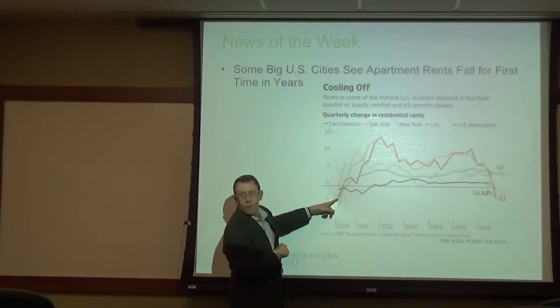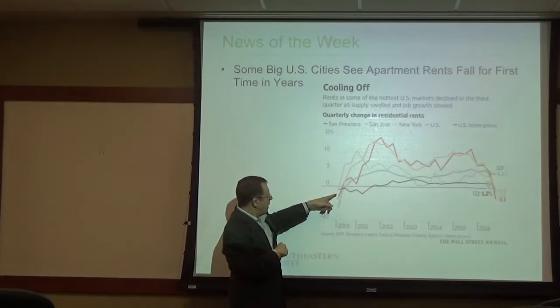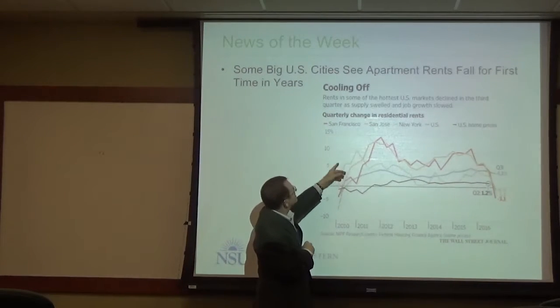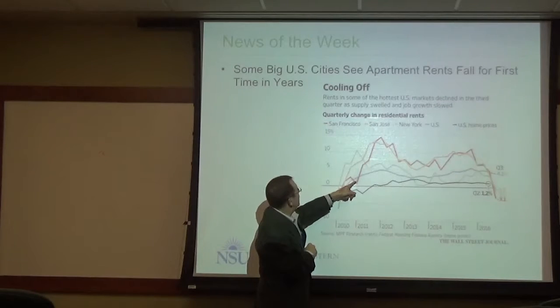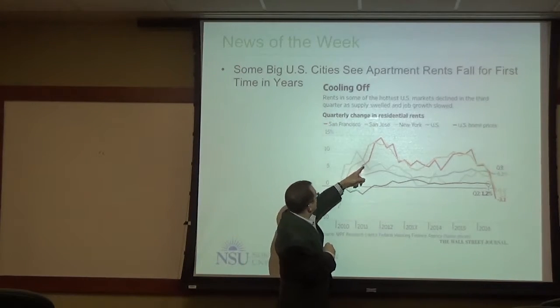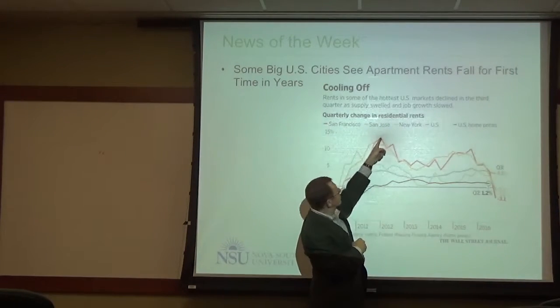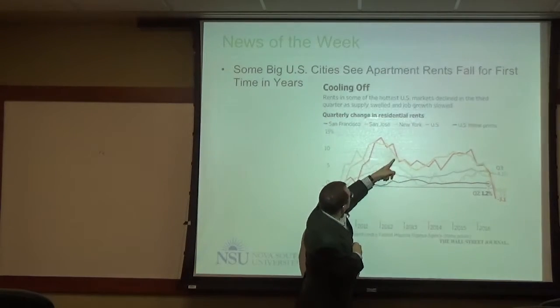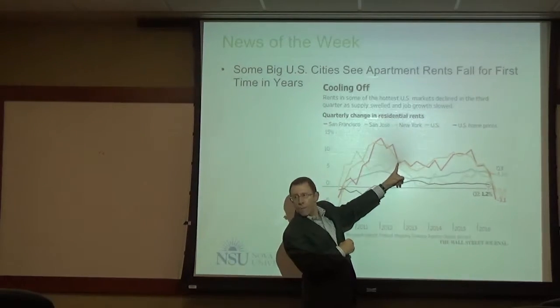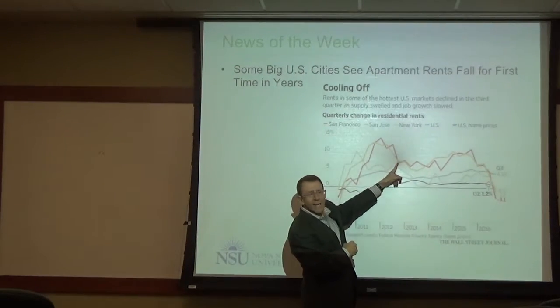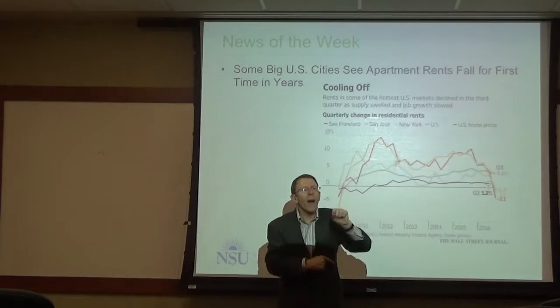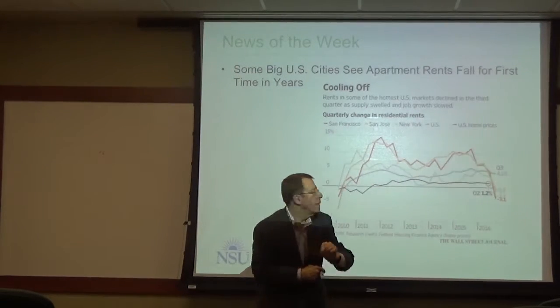Rents went down 5%. All right, in 2011, let's look at San Francisco. They were up about 1%. And I guess in 2012, they went up almost 15%. In 2013, rents went up 7%. They didn't go down, they just went up at a lower rate.